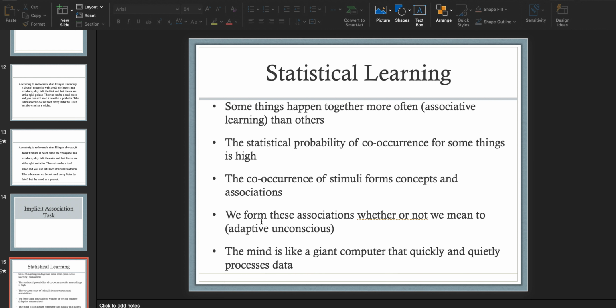There's a very interesting lecture by Daniel Kahneman, where he talks about the distinction between fast and slow thinking. This is a useful way of thinking about statistical learning. Statistical learning would be that fast thinking. There's a lot of fast things happening.